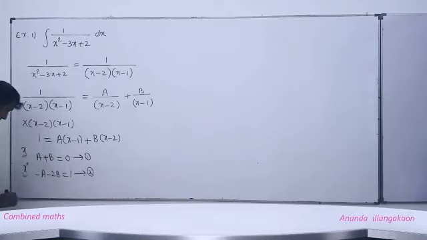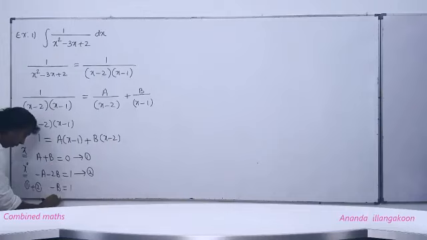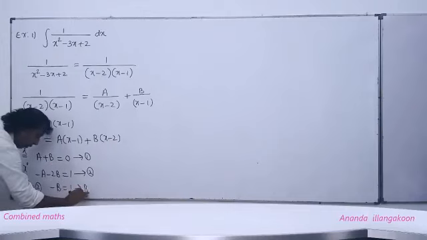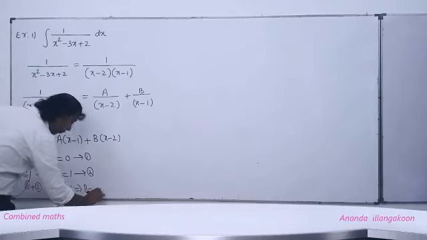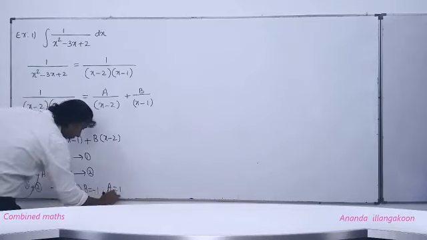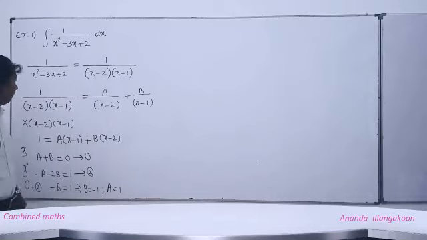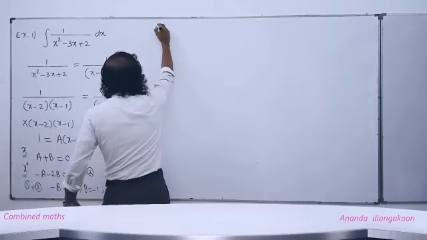Number 2. Adding 1 and 2, people, A minus A you can cancel down. Here minus B is equal to 1. This gives B is minus 1. If B is minus 1, people, A is 1. Then we found the partial fractions.